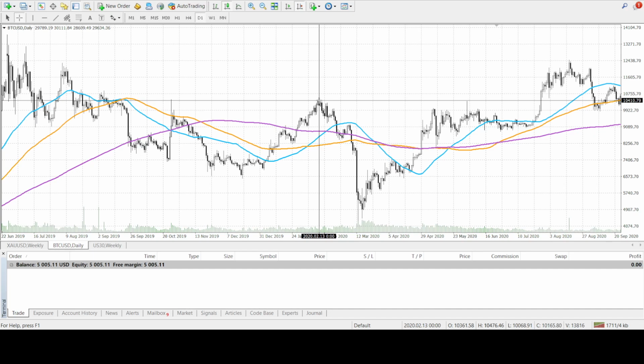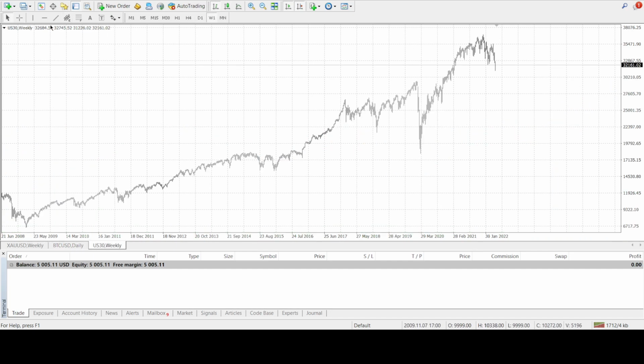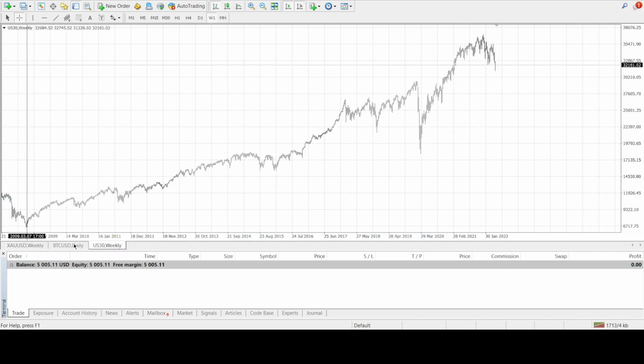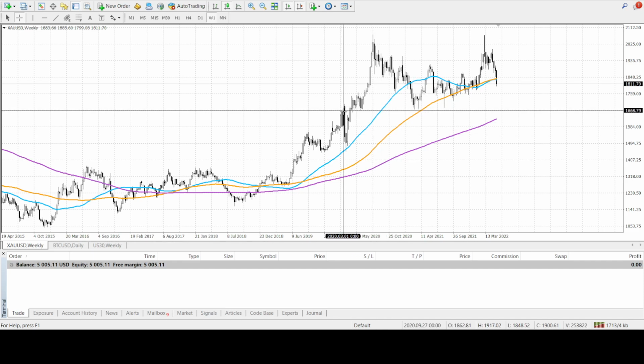It hit its peak and started falling February 13th. Whereas the Dow started falling on, I forget what day we said it was, the 8th or 9th, right around there. So you see Dow went down, then Bitcoin, then gold.